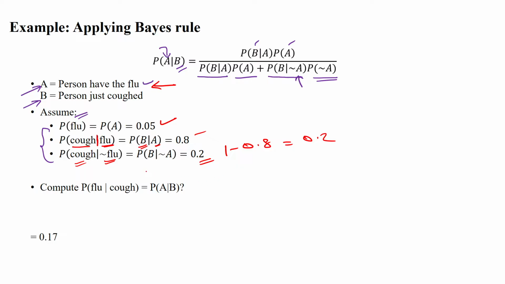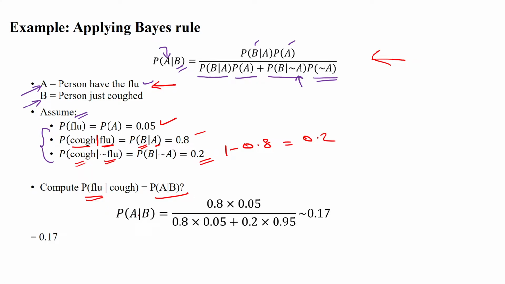Now we can substitute these values into this formula and calculate the probability of flu given cough. When you substitute the values here, you will get 0.17 approximately.